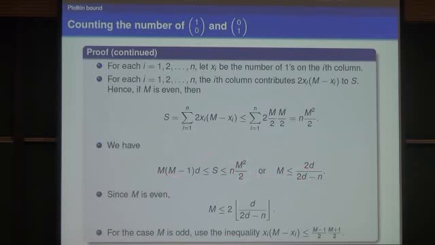Because we consider m even, we get the Plotkin bound. In the other case, we substitute this inequality because xi and m minus xi should be integers. If we use this inequality, we get the same result.